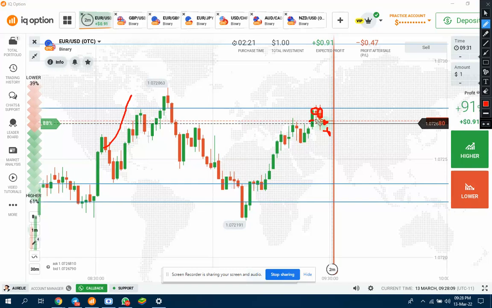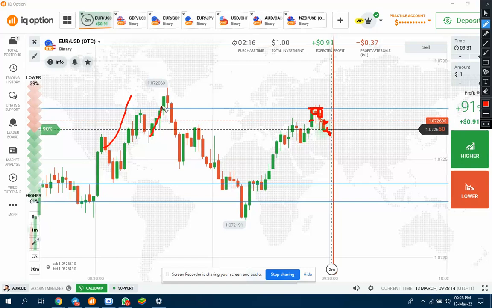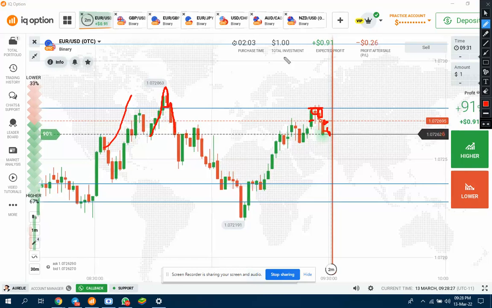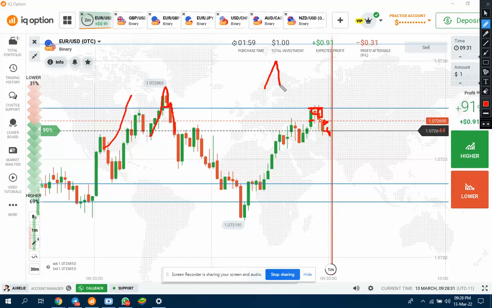I'm expecting three more candles, because this is more like a resistance. The buyers push the price to this point, the market drops, gets rejected from here, and makes a pullback, closes here, then breaks. So here we have a break of structure. This is what I mean, break of structure.